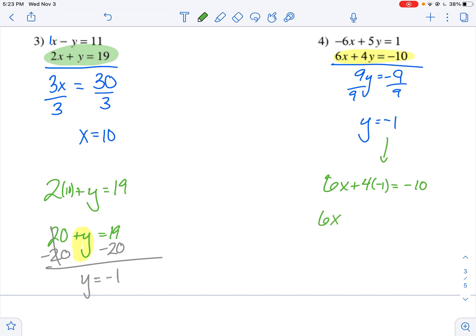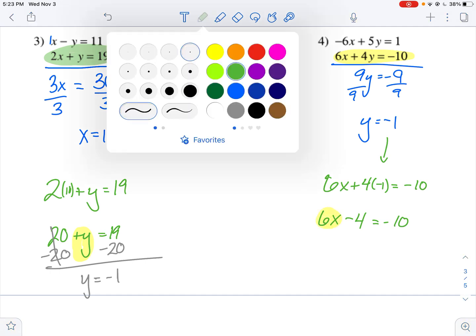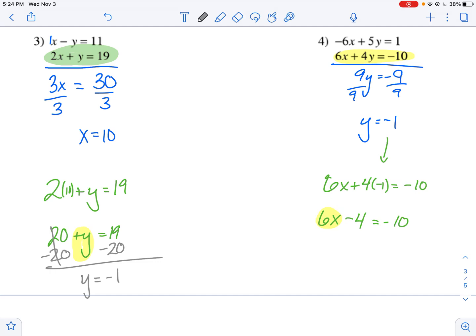So when I simplify, 6x, 4 times negative 1 is negative 4, equals negative 10. And I want to get my 6x by itself. So what needs to go away on the left side of that equation? I need to get rid of that minus 4. So 6x would be equal to negative 6, or x equals 1.